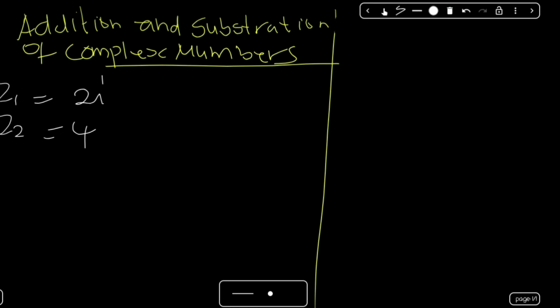In this situation, we've realized that in z1 there is no real part, the real part is 0, and in z2 there is no imaginary part, that means the imaginary part is 0.